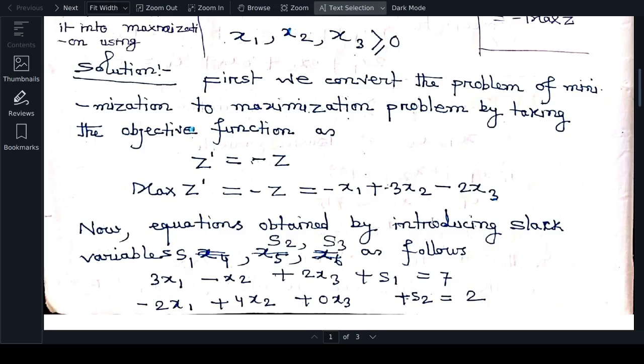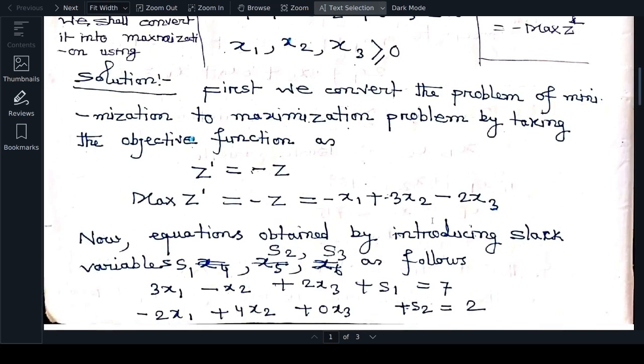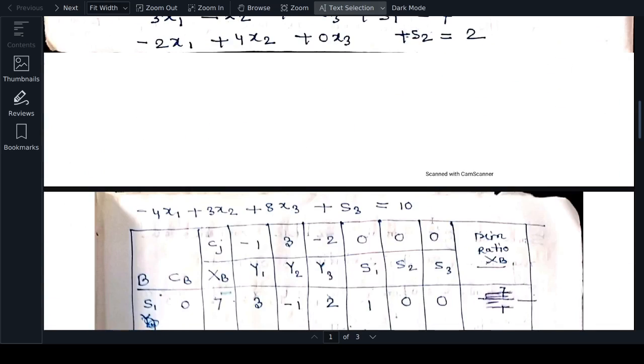Next, our aim is what? All the constraints: first constraint, make equality; second constraint, also make equality; third constraint, also make equality. For the first constraint, 3x1 minus x2 plus 2x3 less than or equal to 7, which variable do we use, slack or surplus?